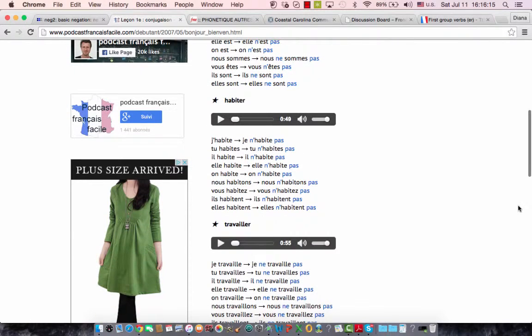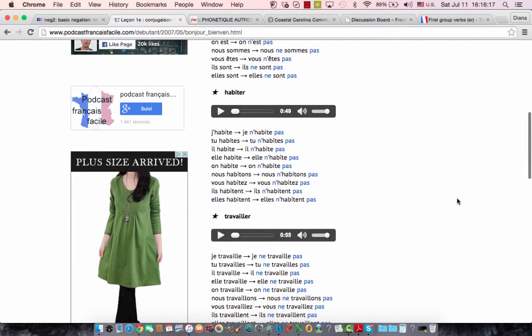Ainsi de suite. Be careful with the negative when the verb starts with a vowel or h muet, or mute h, right? Sometimes until you get used to the conjugation, both in present, affirmative and negative, it can get a bit confusing. J'habite, je n'habite pas.